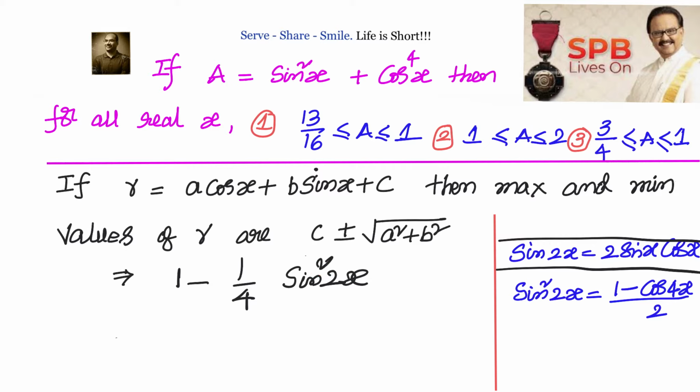This 2 we want to remove, so we'll be using this formula. We'll go to the next level and write sin square 2x as 1 minus cos 4x by 2, so that we can remove the square there. So in the next step, that equals 1 minus 1 by 4 into 1 minus cos 4x by 2.